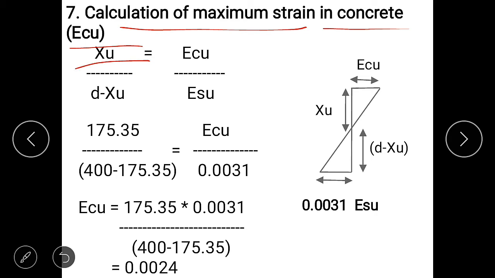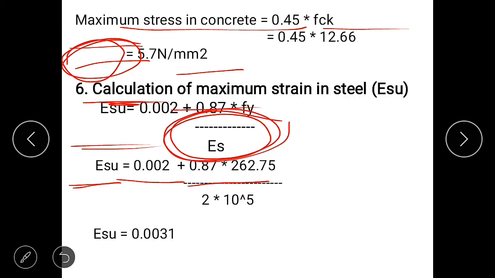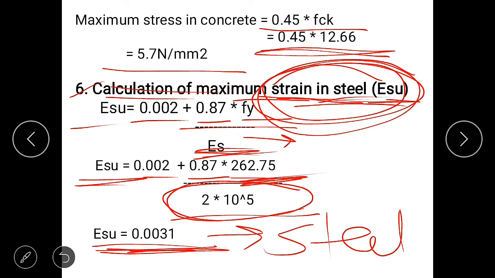So xu divided by d minus xu is equal to epsilon cu divided by epsilon su. So xu we already calculated, 175.35. D is 400. We have to calculate here maximum strain in concrete. So maximum strain in steel is 0.0031.